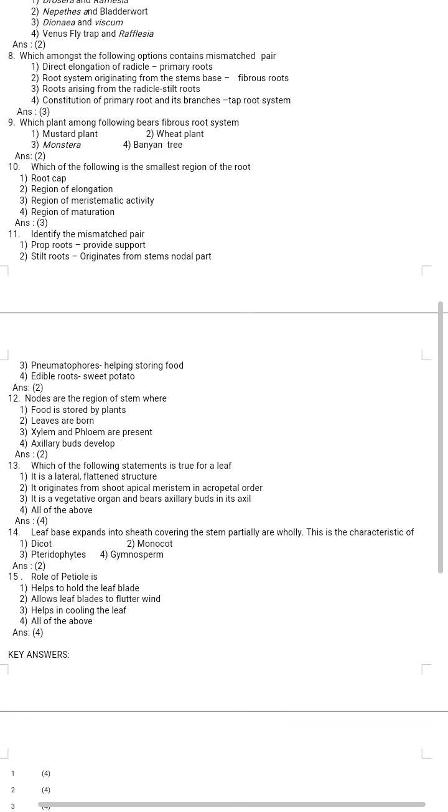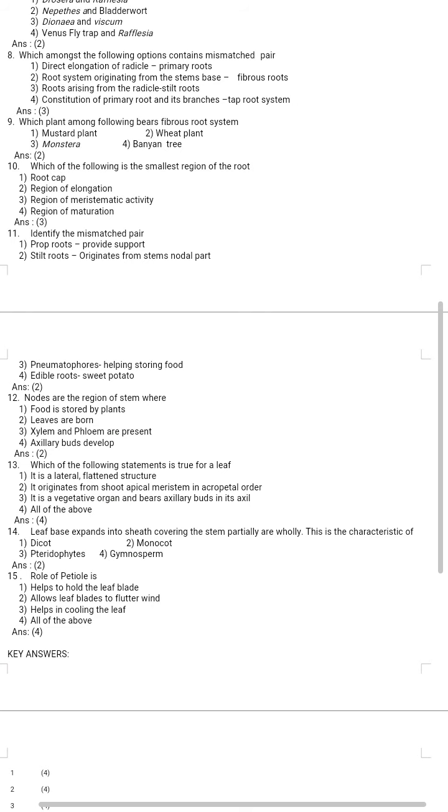So students, the correct option for this question is option 2. Leaves are born. Nodes are the region of the stem that helps in producing leaves. So this is also a supportive answer for the 11th question.